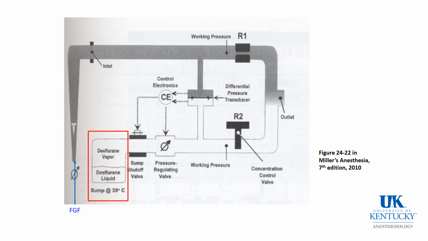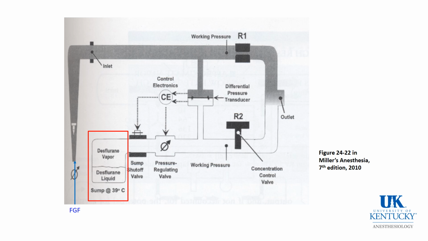The fresh gas flow comes in through a separate circuit. In addition, there is a separate vaporizing chamber. It only contains desflurane, which is heated to 39 degrees, and so what comes out of this is pure desflurane at a pressure of 1,400 millimeters of mercury.